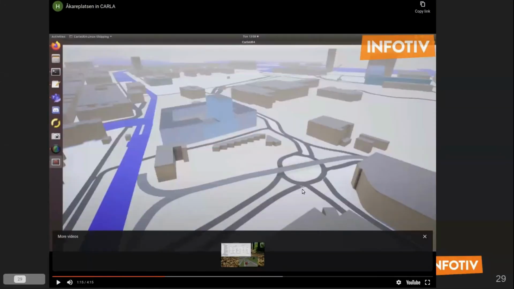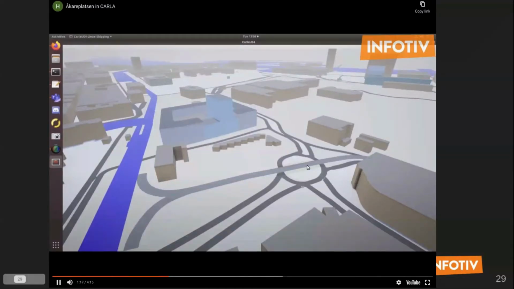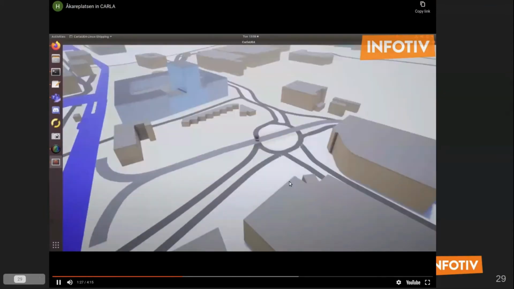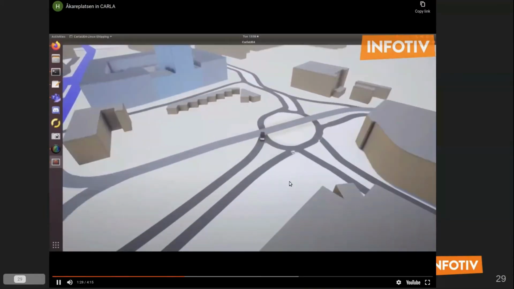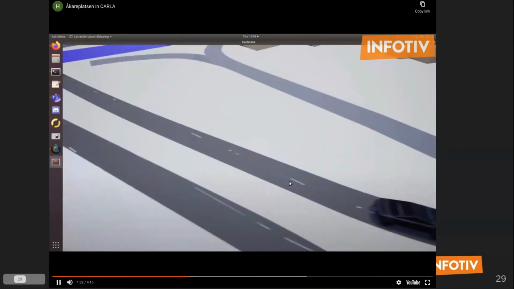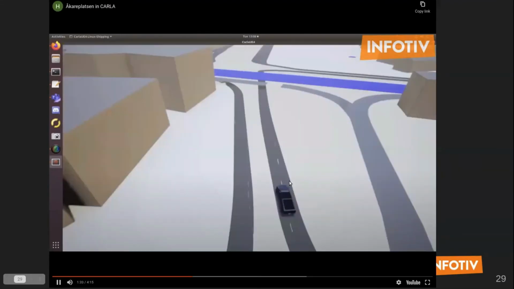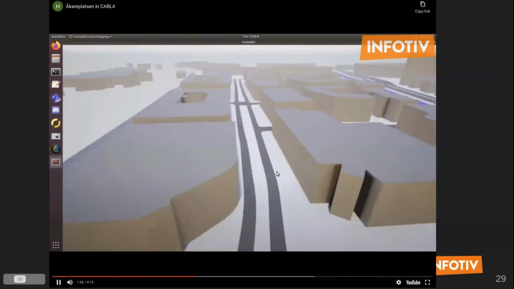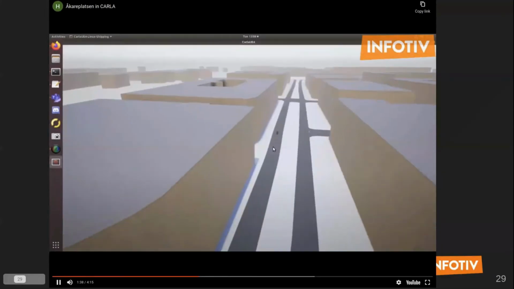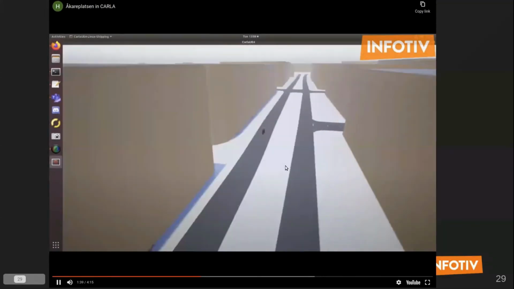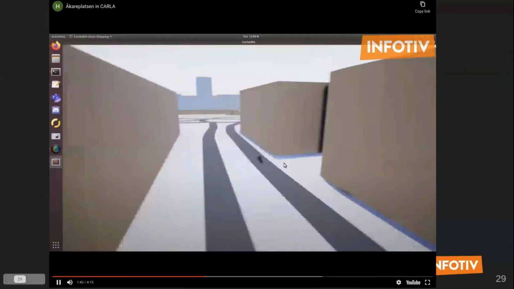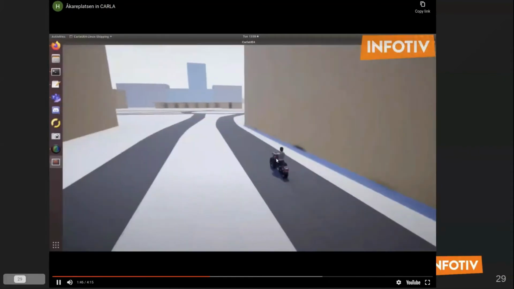So using the API, I drop 2 agents in a moment. One car is dropped here, and I ask the car to drive on the road. I'm not controlling it. It's driving in the middle of the road and following the path randomly. And there's also a motorcycle driver, also driving in the middle of the road toward the square.